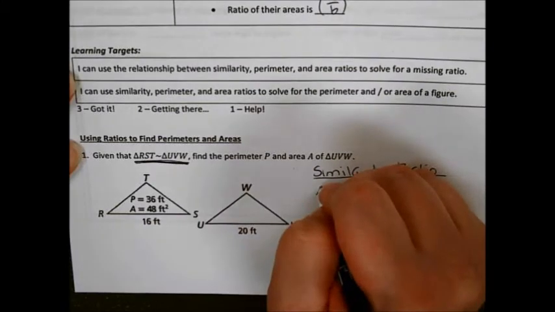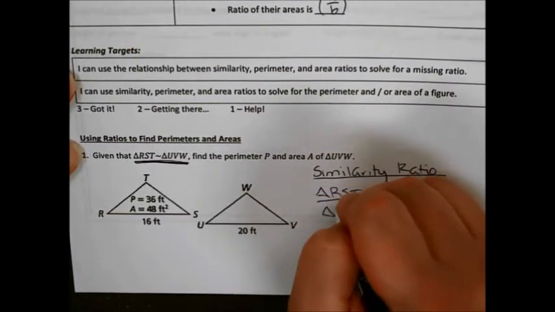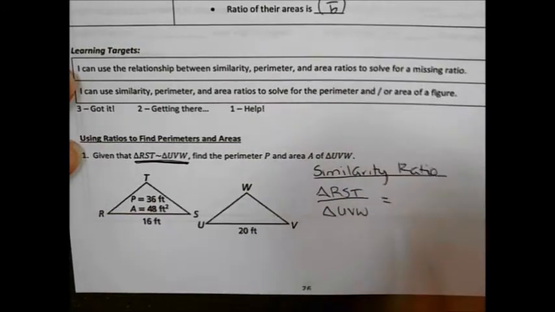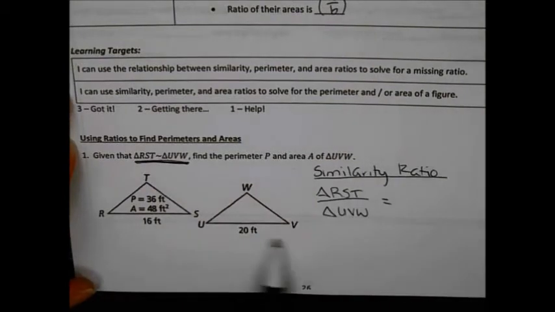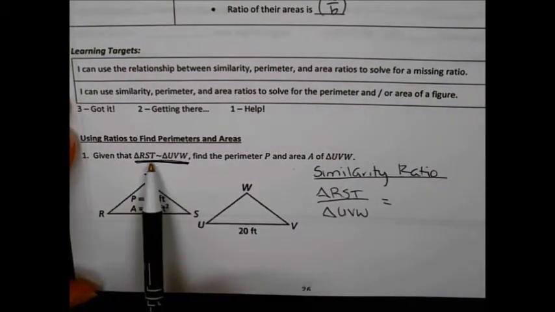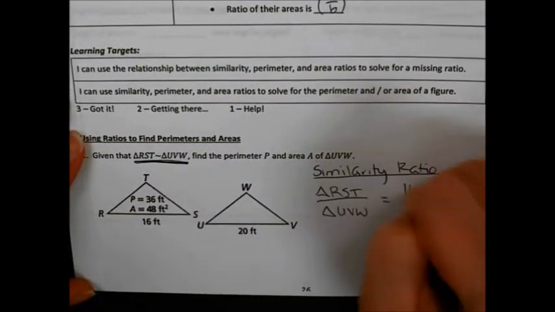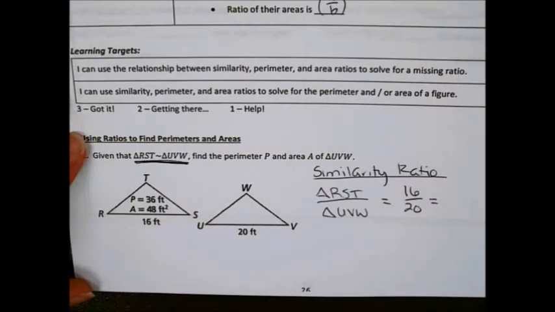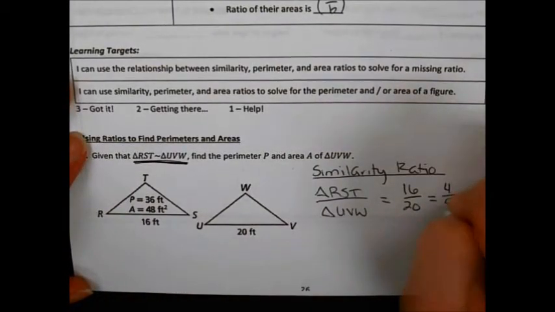So if we look at triangle RST and triangle UVW, we need to find the ratio between their sides. So they gave us RS and UV, and if we check out our similarity statement, RS and UV have to be proportional to each other, so we can figure out what their ratio is. 16 to 20, which we can simplify down to 4 over 5.